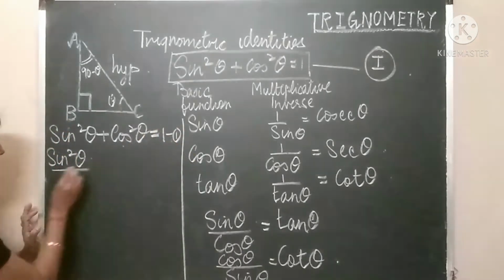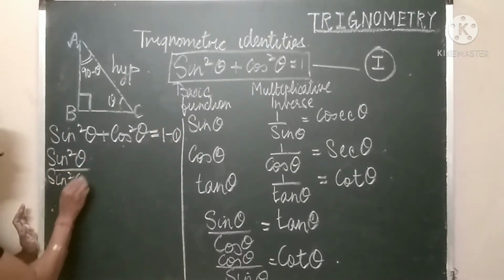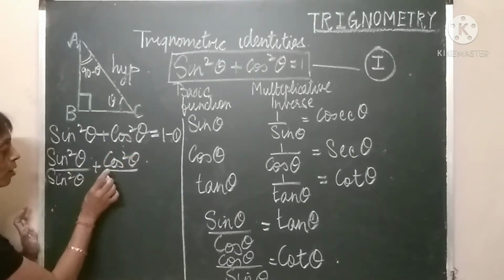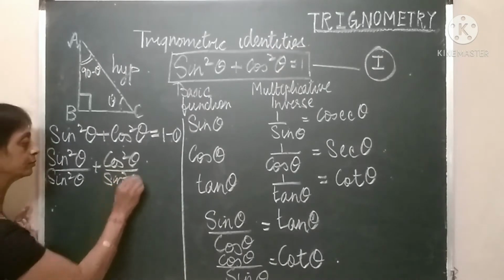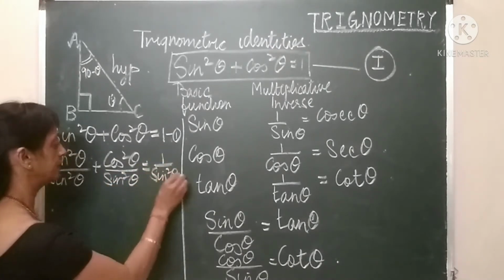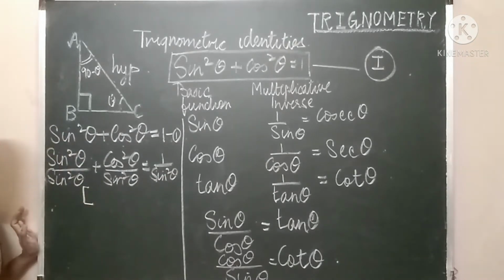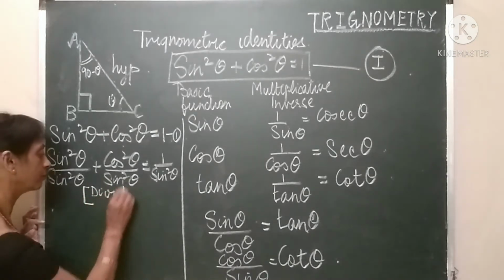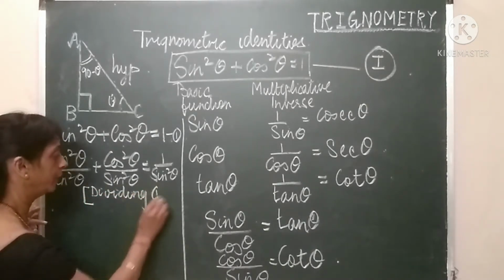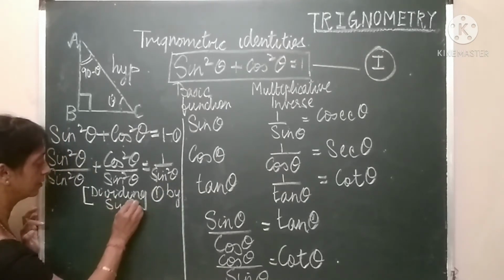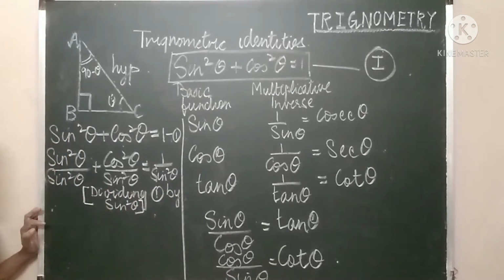So sine square theta upon sine square theta plus cos square theta upon sine square theta is equal to 1 upon sine square theta. The statement we write is: dividing equation 1 by sine square theta.